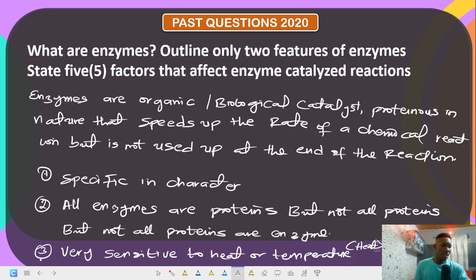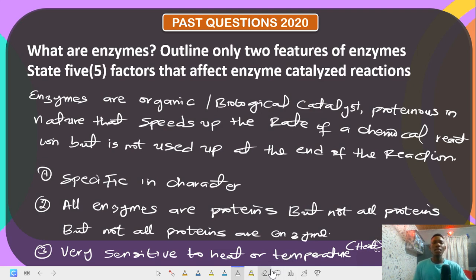Then another feature is that all enzymes function in... and leave that last one. These are the three I can remember. They are specific in character. All enzymes are protein, but not all proteins are enzymes. Then very sensitive to heat or temperature.